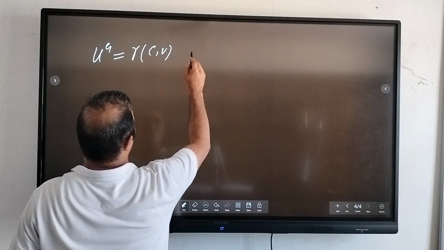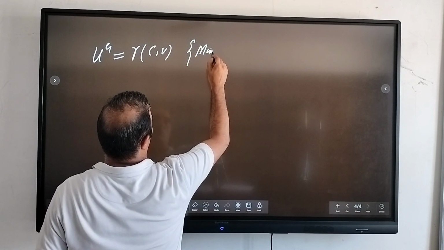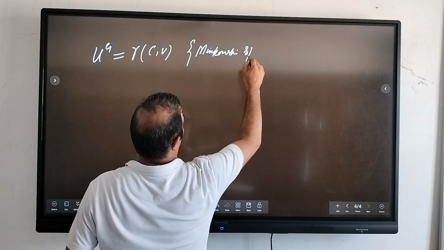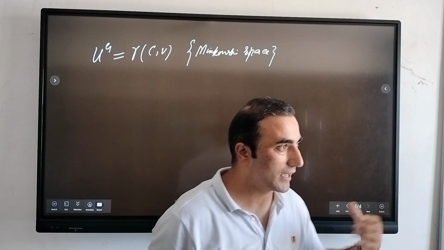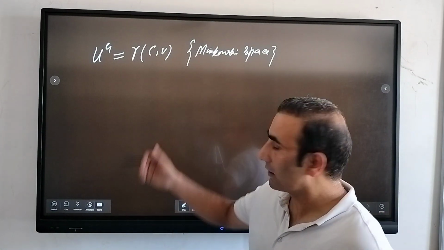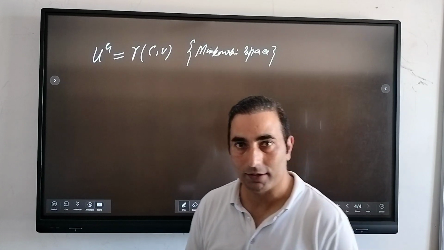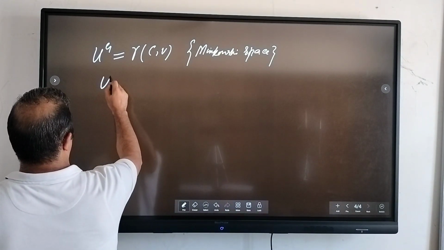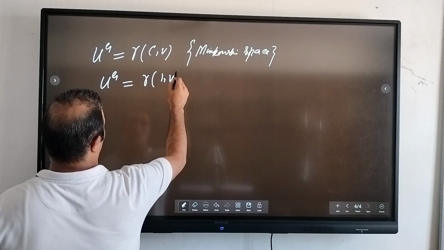This is in Minkowski space, because Minkowski space has time as well as space components, and this will be our 4-velocity. Now if you put c equal to 1 here, you can write u^μ equal to gamma into (1, v), right?